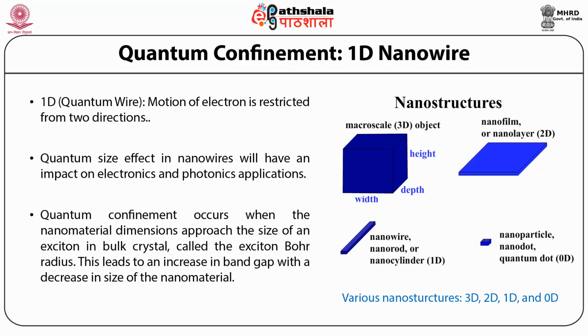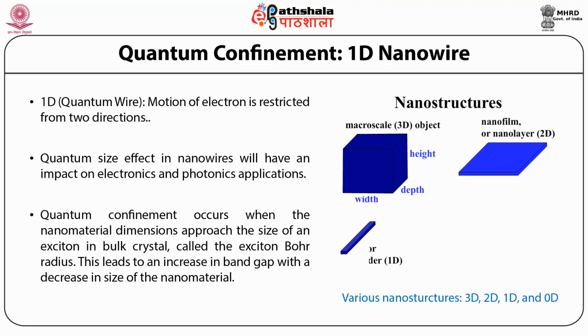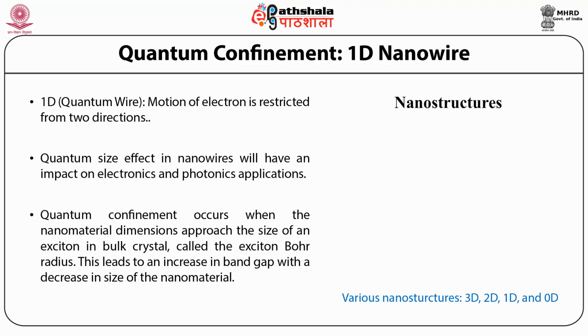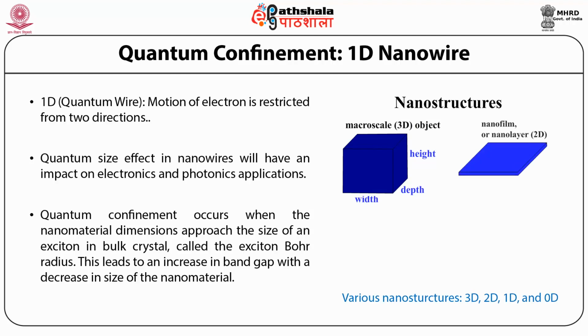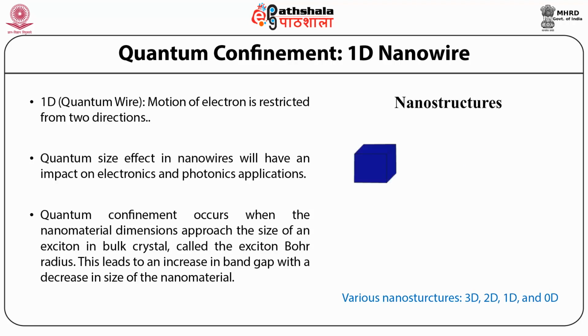If all three dimensions are reduced to the nanometer range, it is called a zero-dimensional material or quantum dot. The word quantum is associated with these three types of nanostructures because the changes in the property arise from the quantum mechanical nature of physics in the domain of the ultra small.